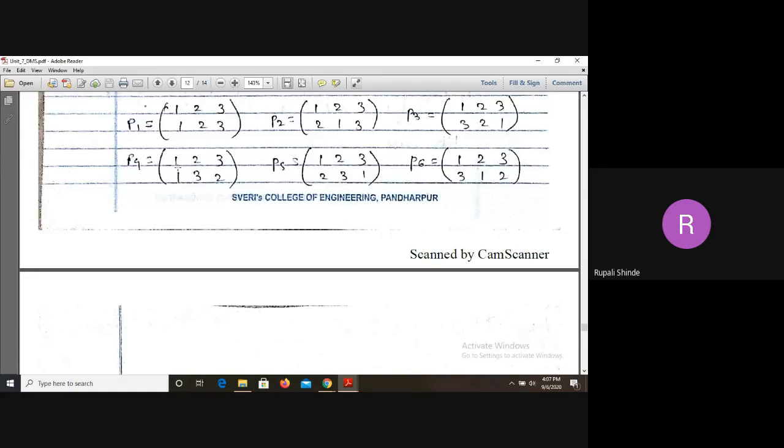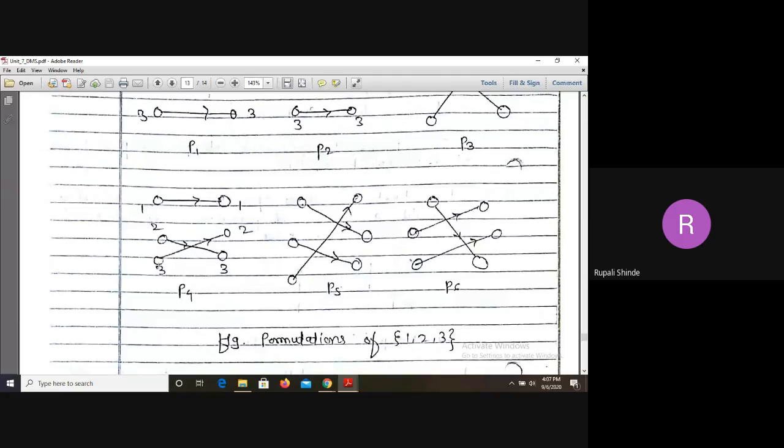Again, for P4, we can draw a diagram where 1 is mapped into 1, 2 is mapped into 3 and 3 is mapped into 2. 1 is mapped into 1 means there should be an arrow from 1 to 1. 2 is mapped into 3, so there should be an arrow from 2 to 3, and 3 is mapped into 2, that's why an arrow from 3 to 2.